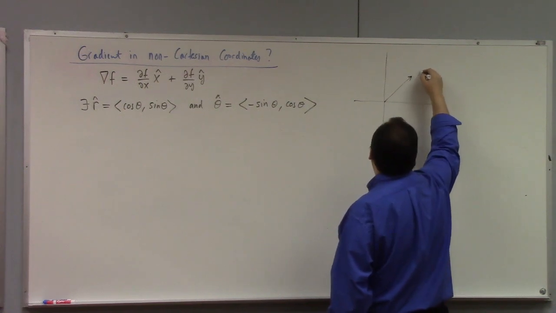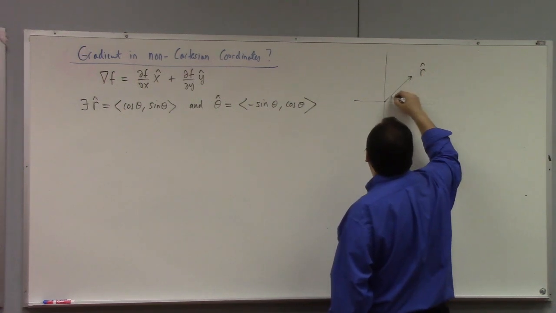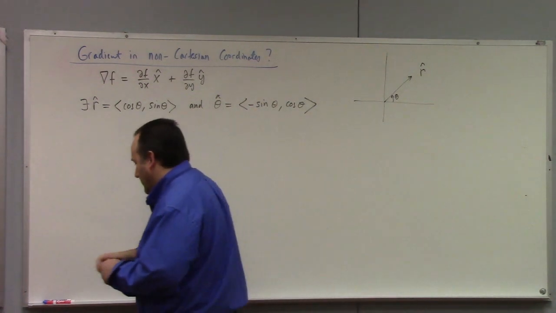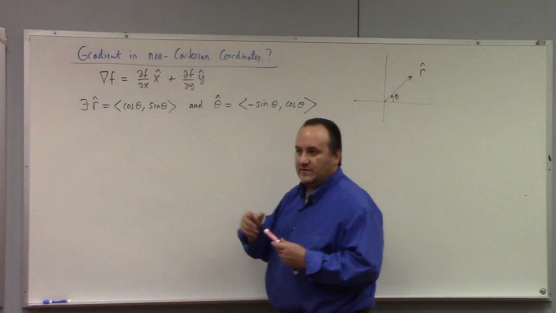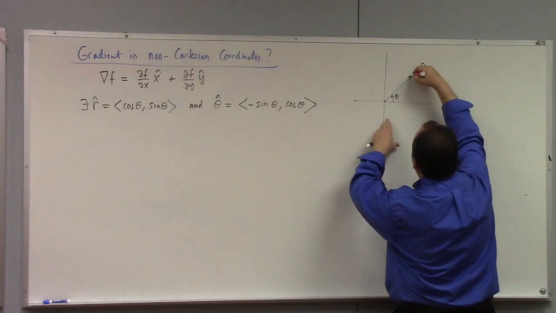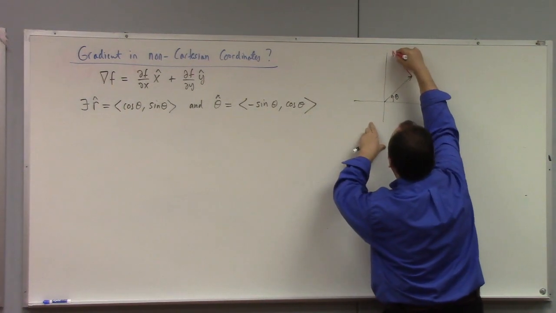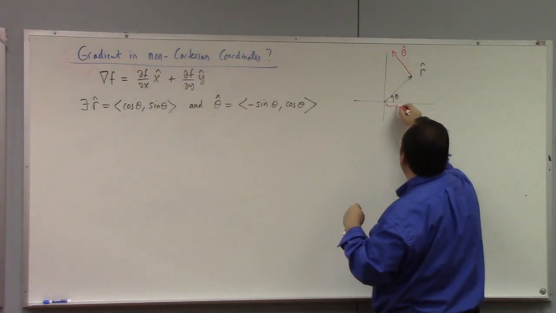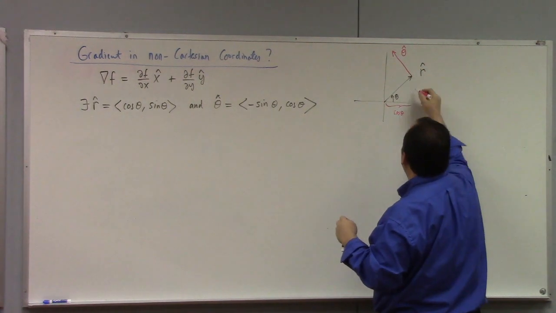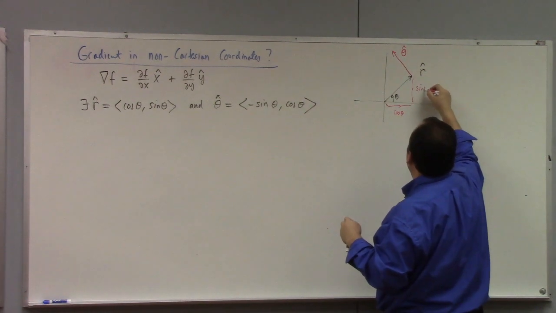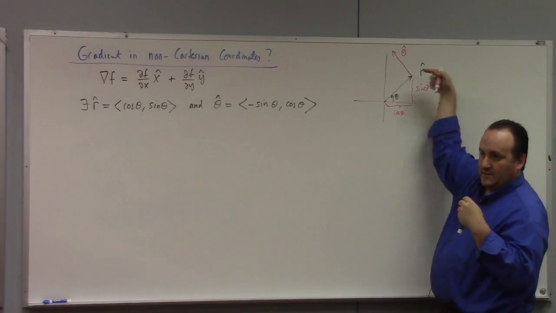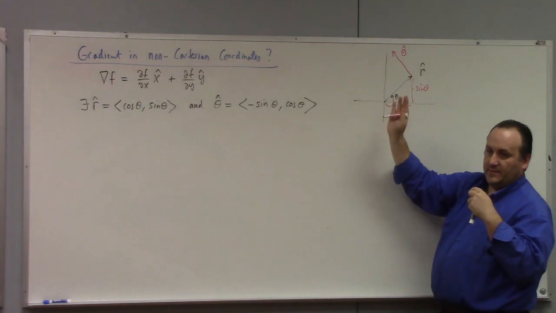If this is r hat, and this is theta, where should theta hat point? It should point in the direction of increasing theta. So it's perpendicular to r hat, it should point like this, okay? So does my formula make sense? If this is cosine theta, and this is sine theta, does it make sense? We're going in the negative x direction, the minus sine theta, and up in the cosine theta.